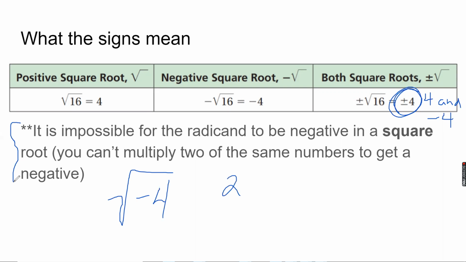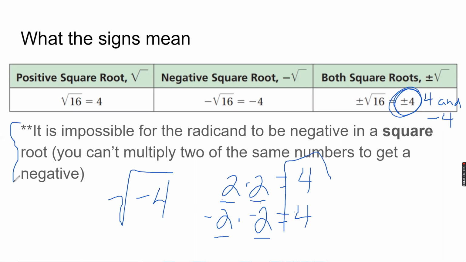Because if I said 2 times 2, same number, that gives me a positive 4. If I said negative 2 times negative 2, that gives me a positive 4 again, because I have to do 2 numbers that are the exact same. Either way I do it, it gives me a positive 4. I'm never going to get a negative 4 like I want. And so that is an impossible answer.